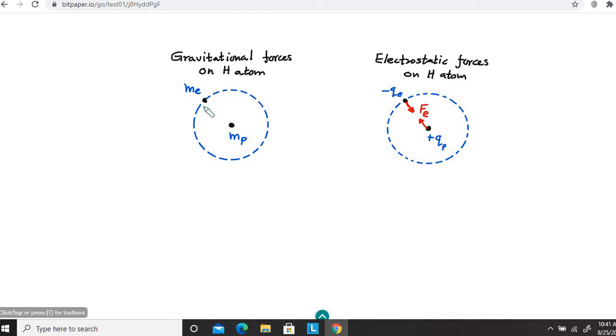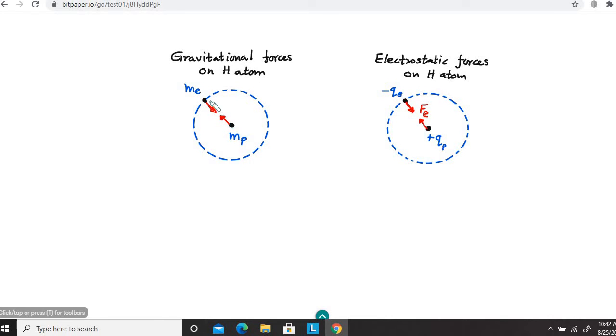Now we can do the same thing by looking at the gravitational forces acting on this hydrogen atom. If you look, the electron is pulled towards the proton by an attractive force, and the proton is again pulled to the electron with the same force, like that.